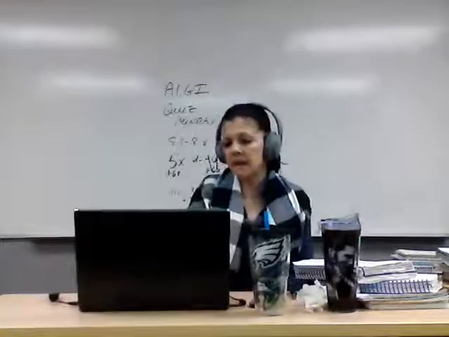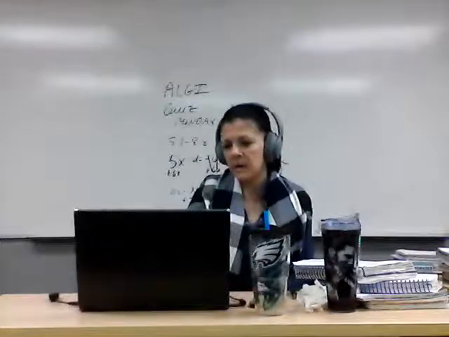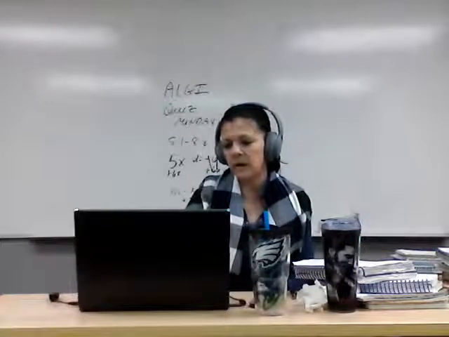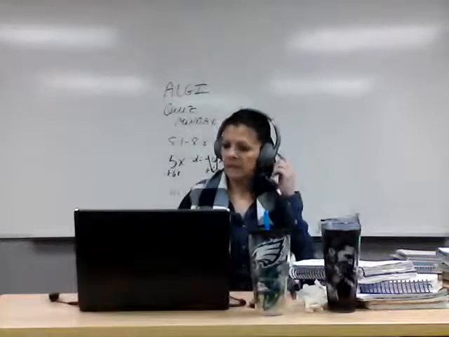So now all this does is it cancels out the square root and the square, and you're left with what is inside. So 3 minus 2x equals x squared. Okay?